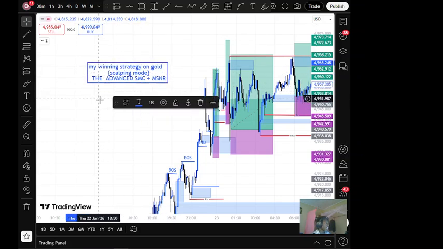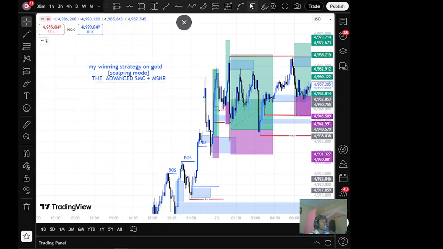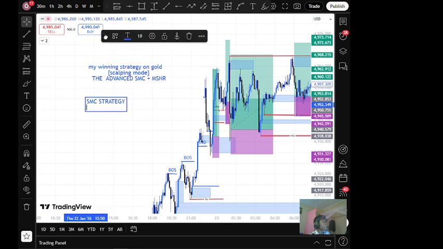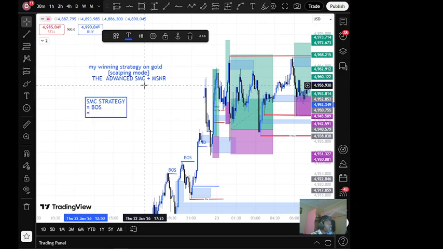So basically, on the SMC strategy, we'll look at the breakout structure. Also, we'll trade using the order flow.